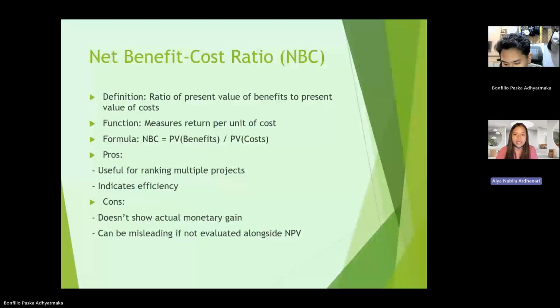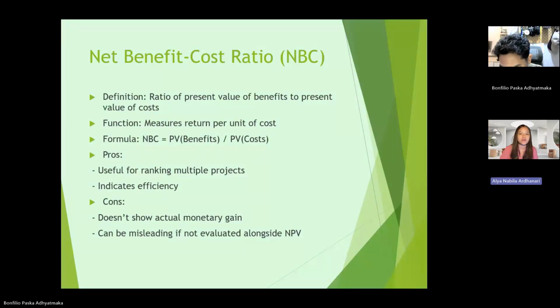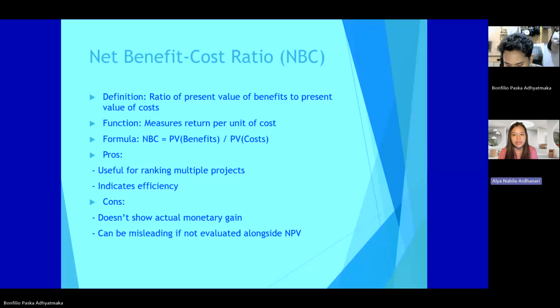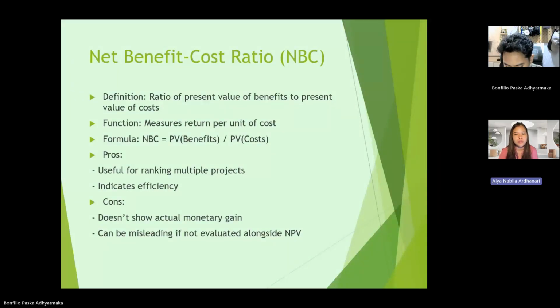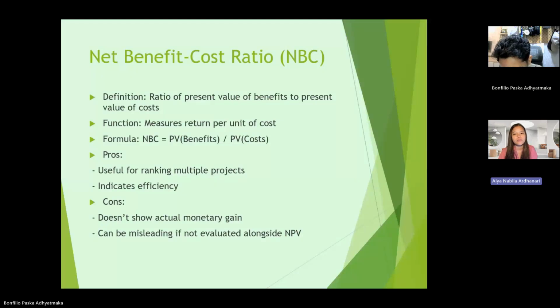The formula is straightforward: NBC equals present value of benefits divided by present value of costs. This metric is especially useful when we need to compare or rank multiple projects. A higher NBC means greater efficiency, indicating that a project delivers more benefit per rupiah invested.